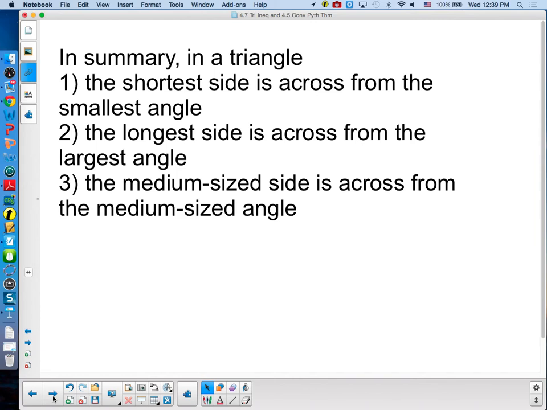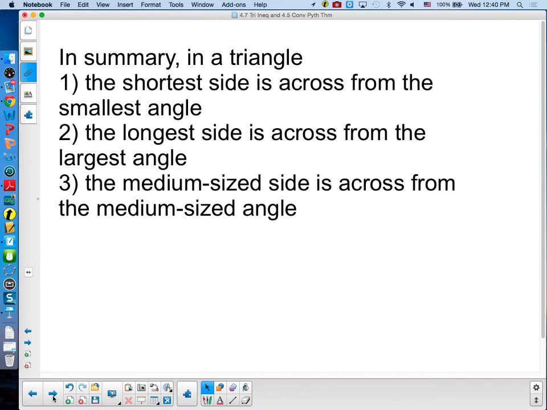Is XZ longer or shorter than YZ? It should be a greater than.